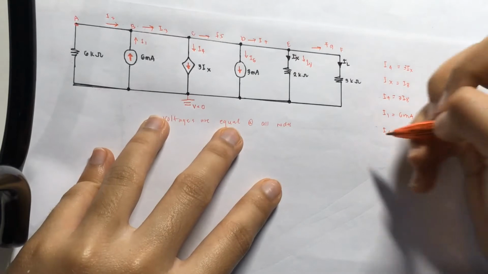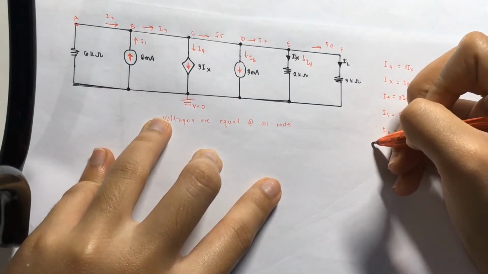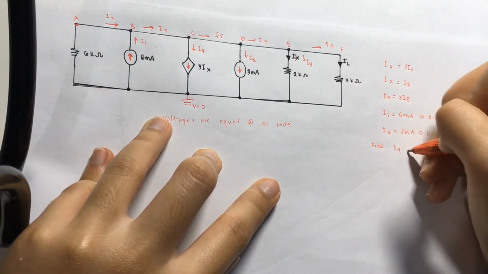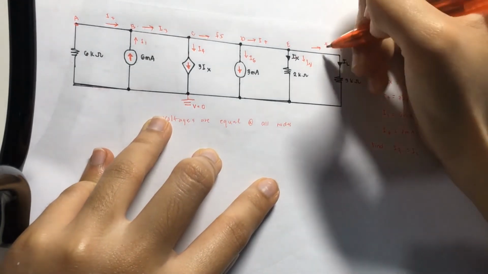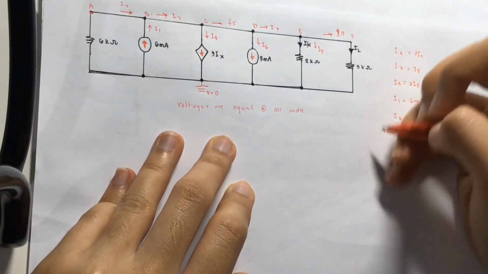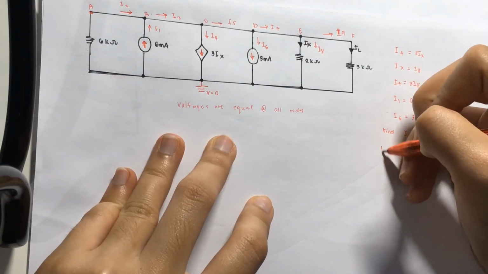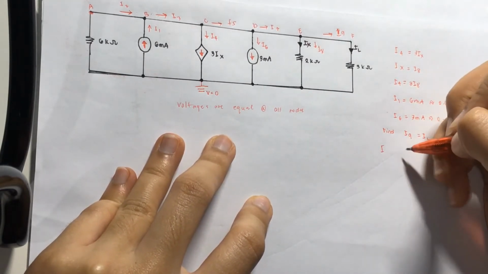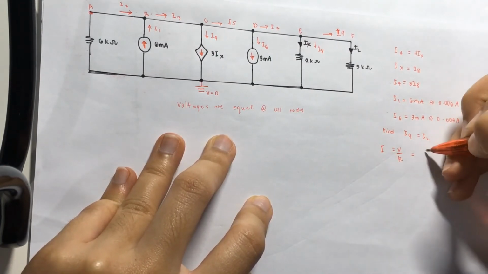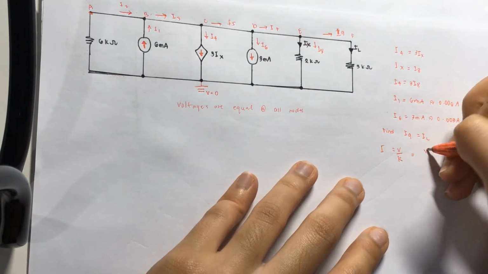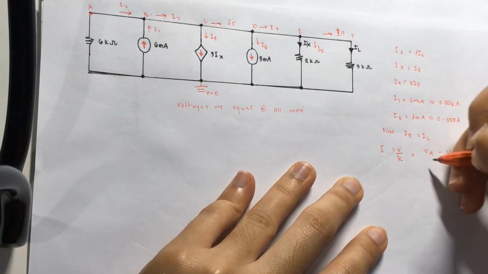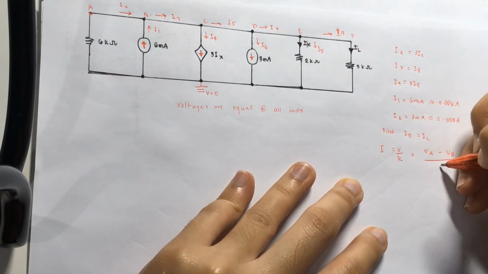So we need to find I9 or IL. We will use the formula I is equal to V over R, or the high potential voltage minus the lower potential voltage over the resistance.